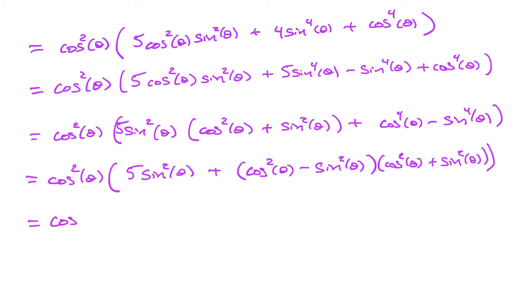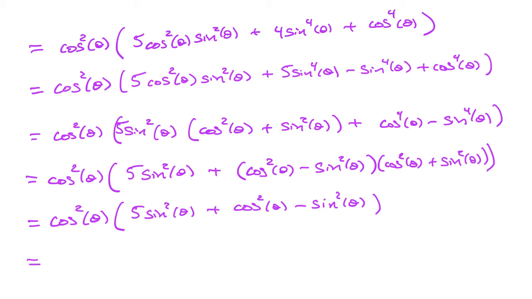And so what we're then left with is a cosine squared, a 5 sine squared theta, and then plus a cosine squared minus a sine squared theta. And so this will then simplify to a cosine squared theta, 5 sine squared minus sine squared gives us 4 sine squared, and then plus our cosine squared theta.